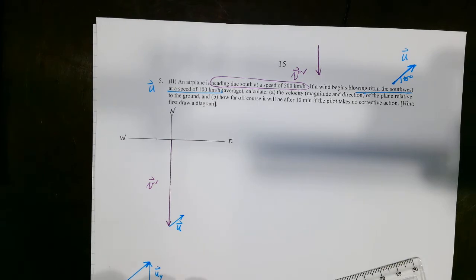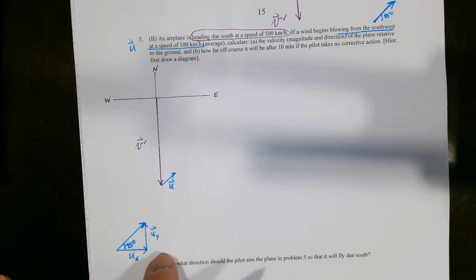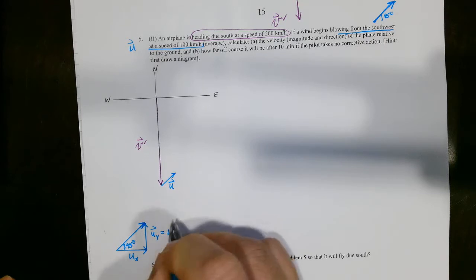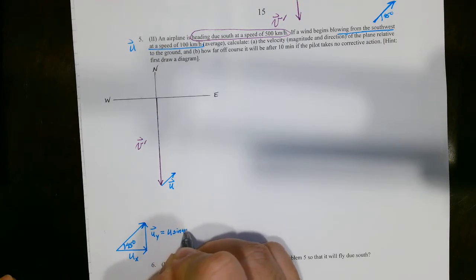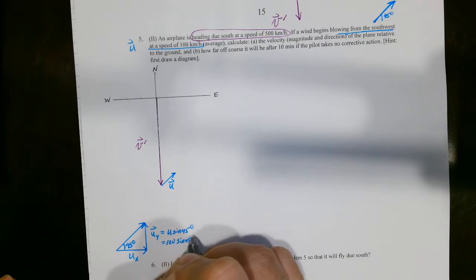And this here is 45 degrees. So we should be able to calculate the UY and UX. UY is U times sine of 45 degrees, which is 100 times sine of 45 degrees.